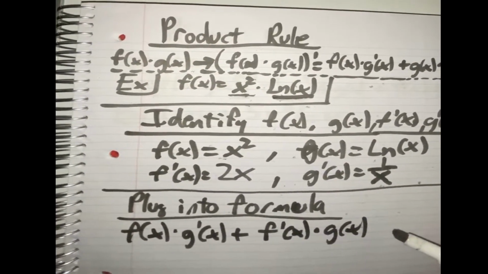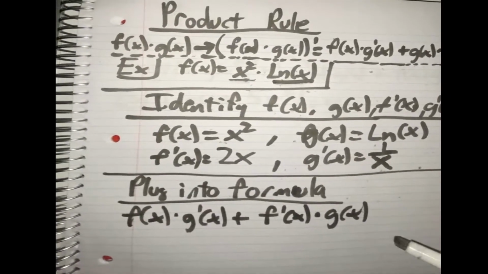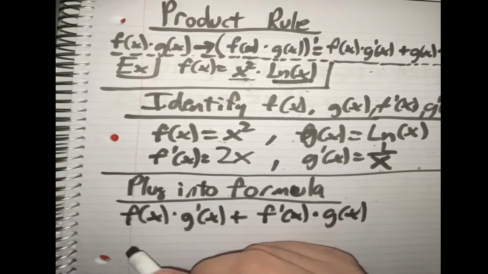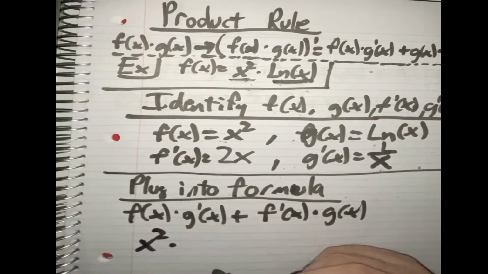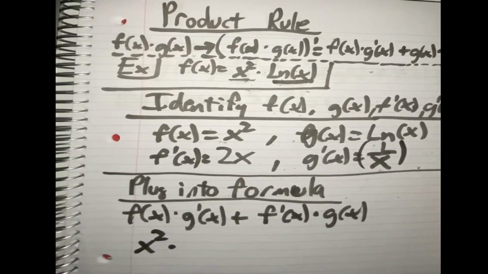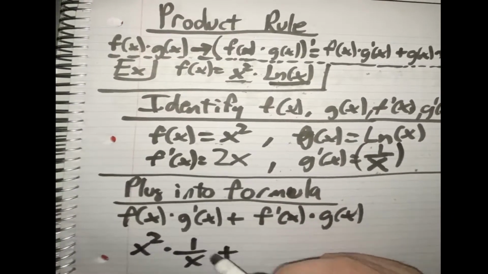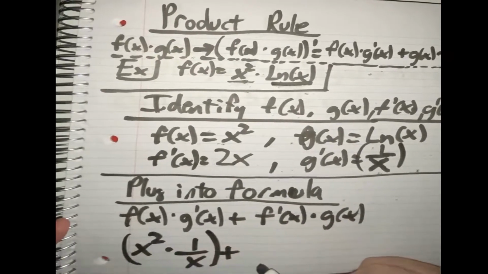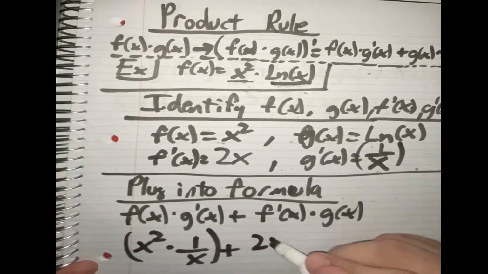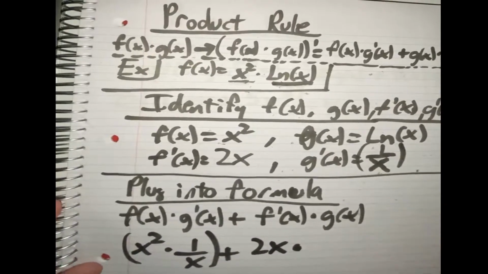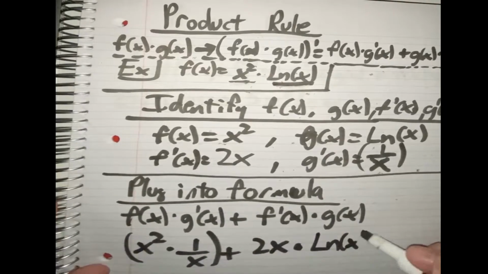So all we literally do is copy and paste the variables we identified up here into the formula down here. So f of x is x squared times g prime of x, which is 1 over x, plus f prime of x, which we identified as 2x, times g of x. G of x is the natural log of x.